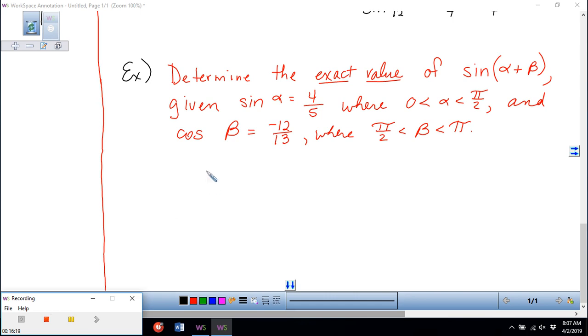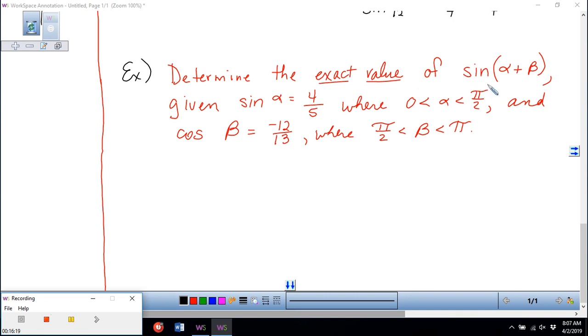Alright, for the third example, we want to determine the exact value of the sine of alpha plus beta, given that the sine of alpha is 4/5, where alpha is between 0 and pi over 2, and the cosine of beta is equal to negative 12 over 13, where beta is between pi over 2 and pi.